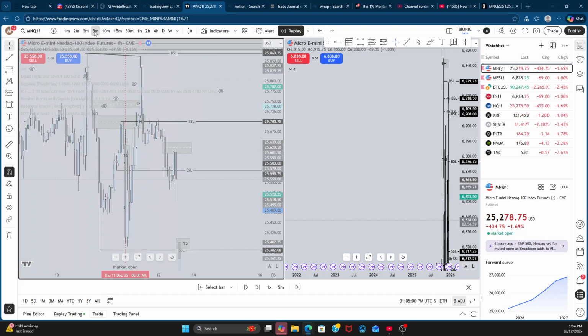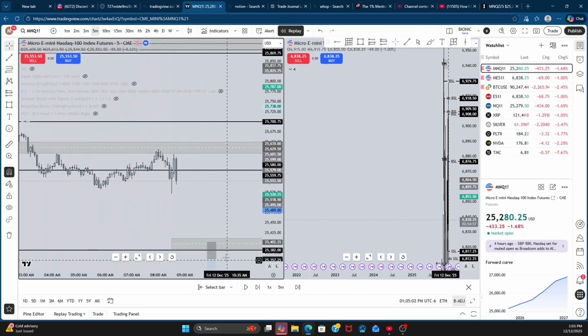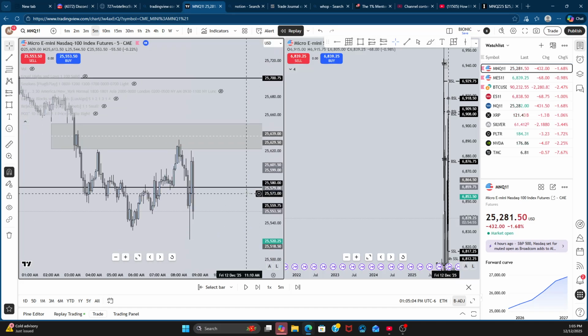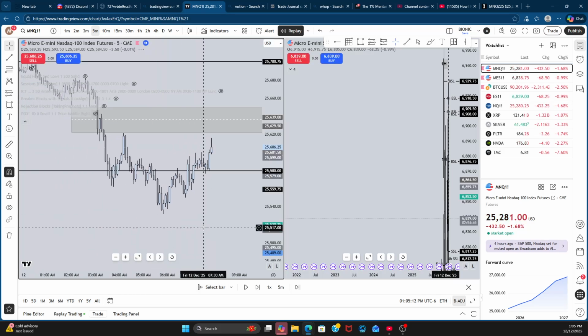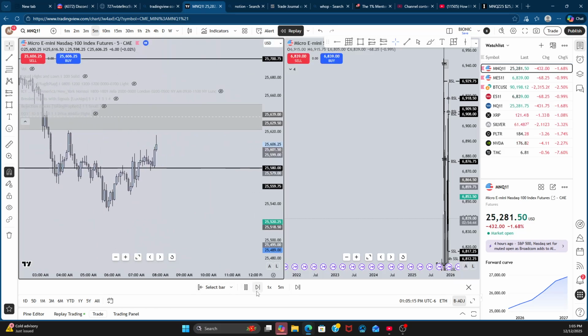So we come into that 1 hour. What do we see coming into it too? We have that 5-minute internal high right there. All that ends up displacing further and further. So this puppy plays out.